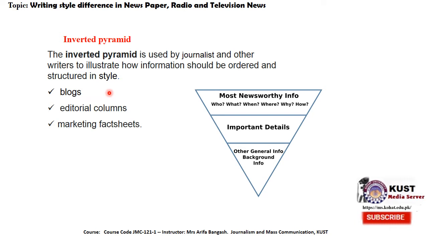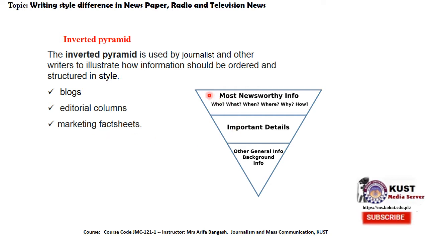It is a common method for writing news stories and has wide adaptability to other kinds of text such as blogs, editorial columns, marketing, fact sheets. It is a way to communicate the basics about a topic in the initial sentence. The inverted pyramid is taught to mass communication and journalism students all over the world.